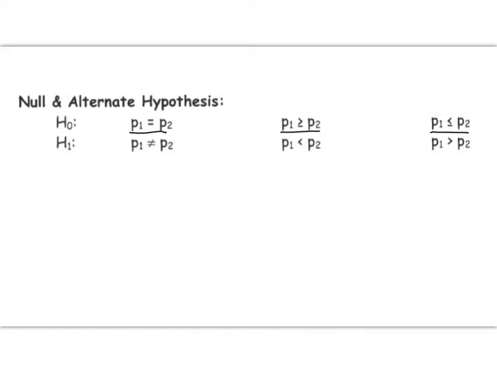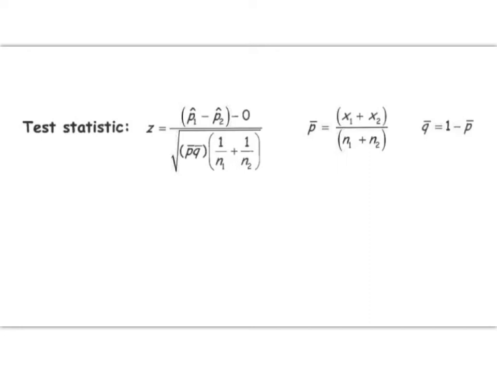But you'll notice that all of my null hypotheses have that equals symbol in them somewhere. And then our alternative hypothesis, depending on which one we chose for the null hypothesis, is either not equals, less than, or greater than.